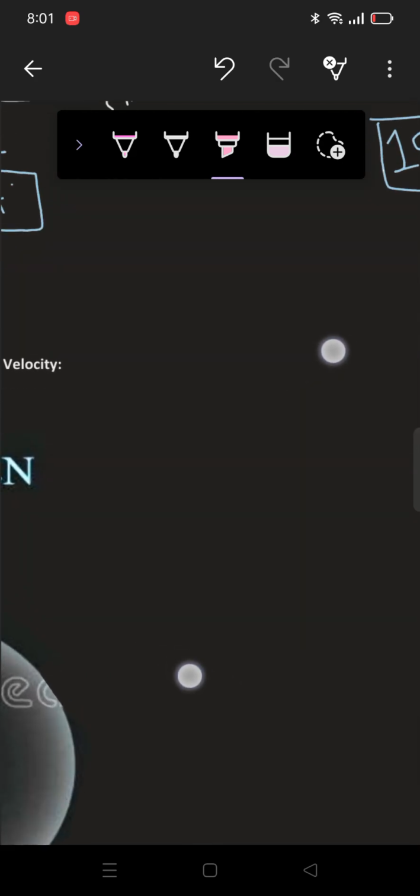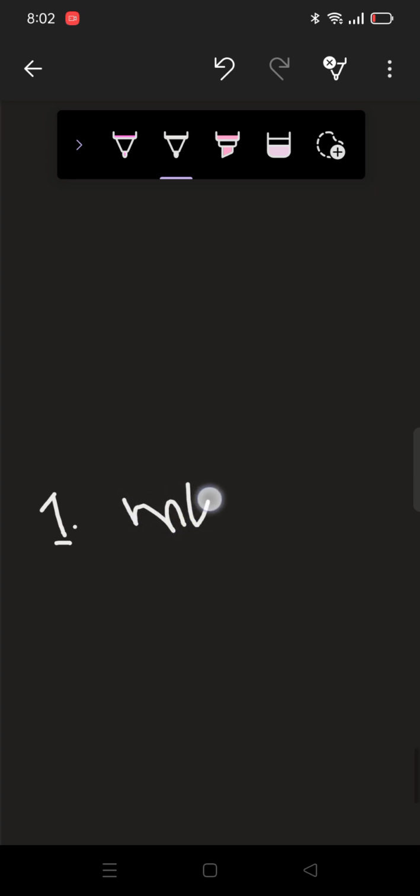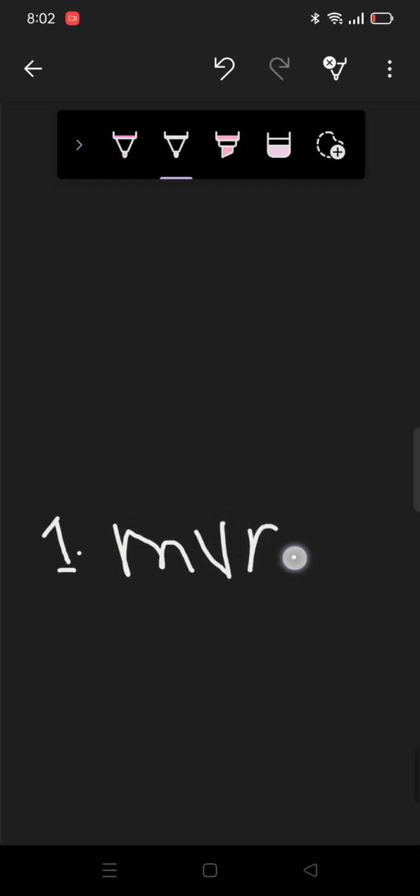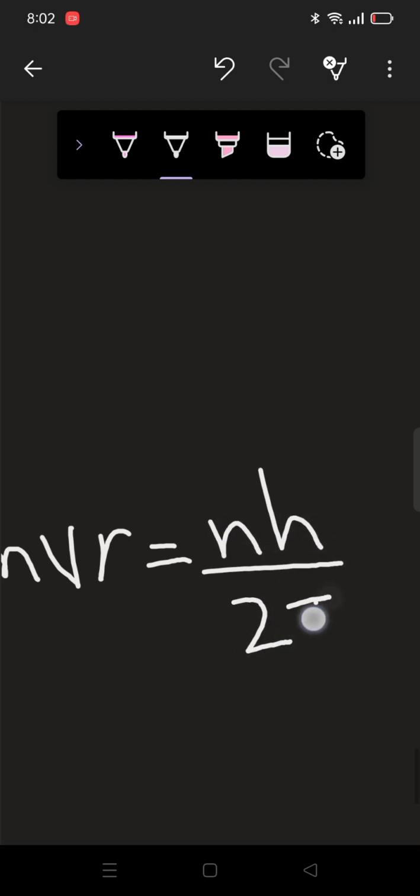So let me write the first formula here. First we have mvr is equal to an integral multiple of h by 2 pi, nh by 2 pi, right?